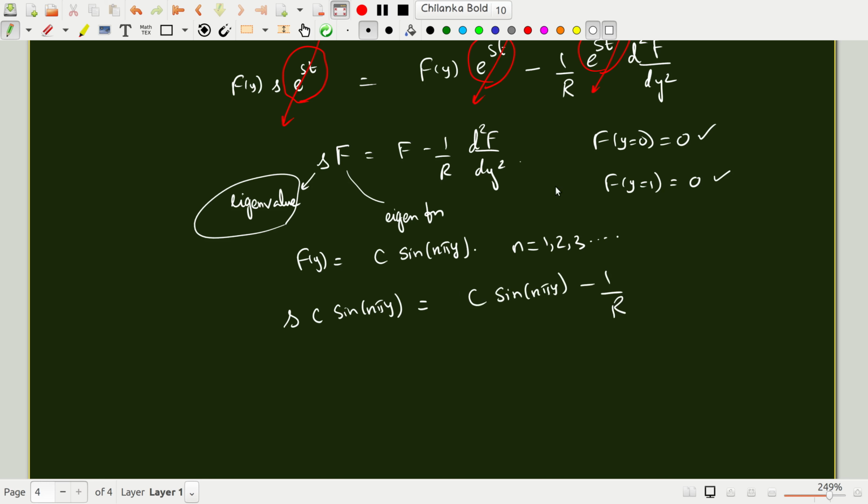minus 1 over r times, if I take the first derivative, I will get n pi times cosine. If I take the second derivative, then I will take another n pi times minus sine. So n squared pi squared with a minus, minus n squared pi squared sine n pi y.